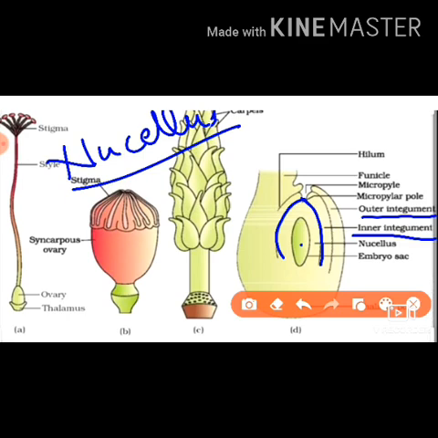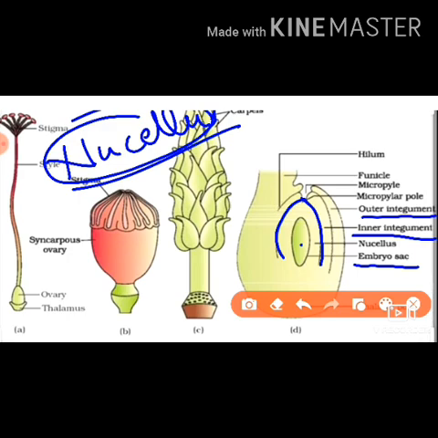Nucellus is a mass of cells. Clusters of cells are present here. And inside the nucellus there is the presence of the embryo sac. Already we studied the structure of the embryo sac with a simple diagram, and a further detailed structure we will study in the upcoming classes.